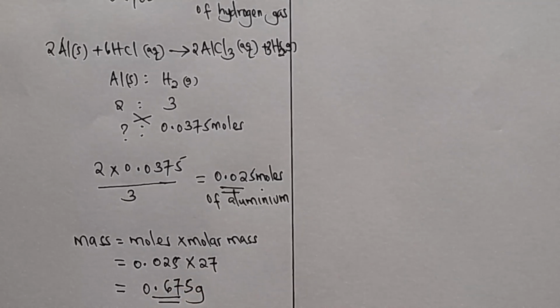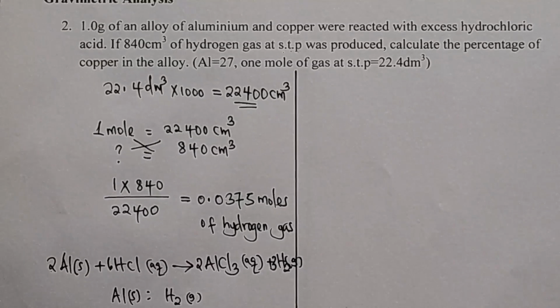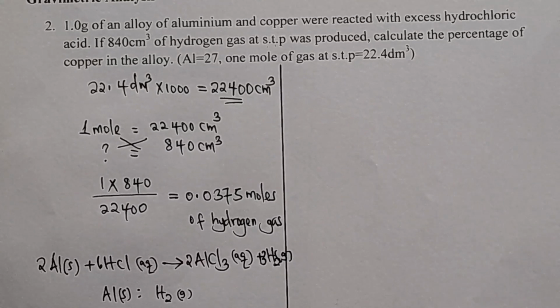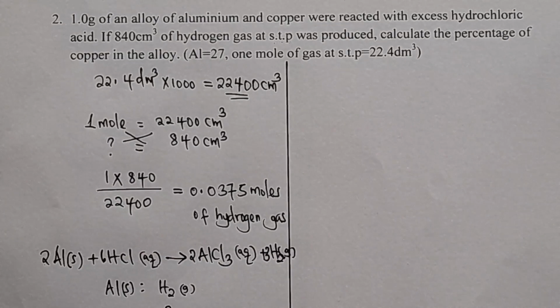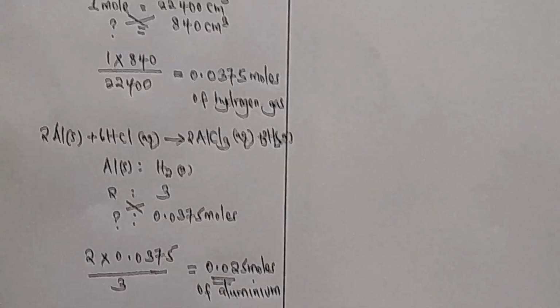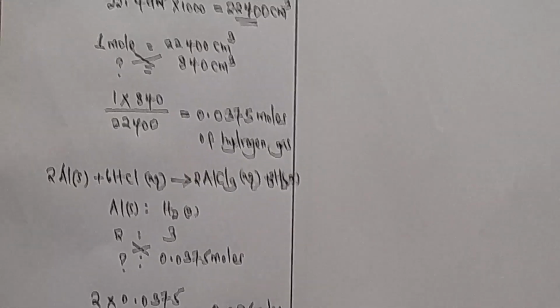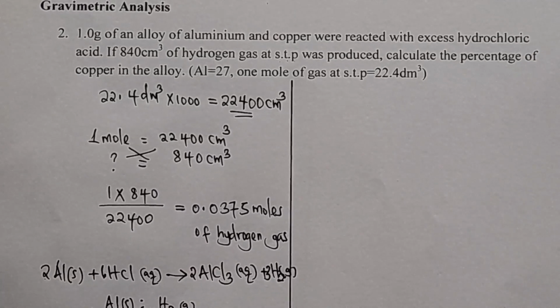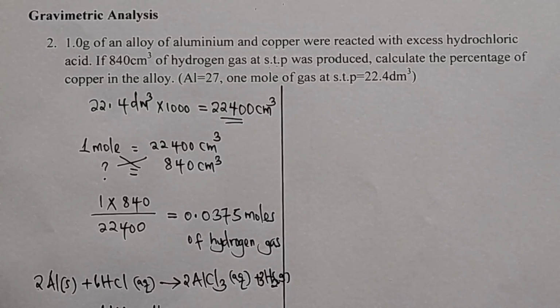So remember, we are given the mass of the alloy to be 1.0. And in the question, we are told calculate the percentage of copper in the alloy. So we have to get the mass of copper. Remember, we have gotten here 0.675 as the mass of aluminum. So we can get the mass of copper by just subtracting the total mass of the alloy minus the mass of the aluminum that we have gotten now.